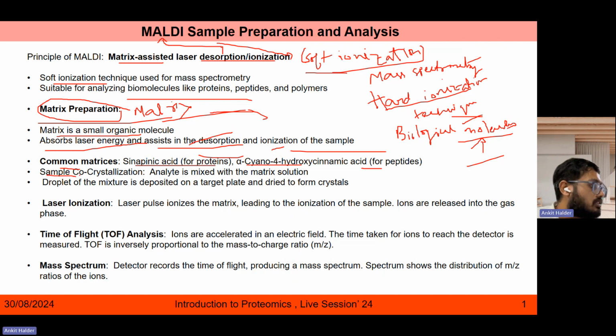So how is it done? This procedure is known as sample co-crystallization, where the analyte is mixed with the matrix solution. The analyte means your particular sample, whatever you have extracted, for example a particular protein.